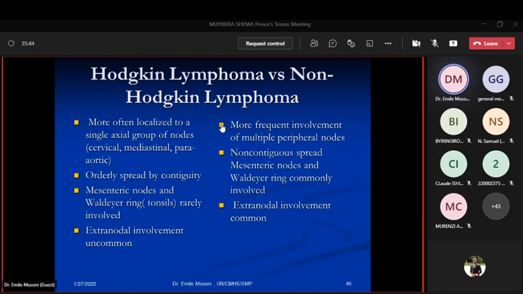Mesenteric nodes and Waldeyer's ring are rarely involved in Hodgkin lymphoma, whereas they are most commonly involved in non-Hodgkin lymphoma. Waldeyer's ring includes structures like the tonsils, which you have seen in your anatomy. Extranodal involvement is uncommon in Hodgkin lymphoma, whereas it is common in non-Hodgkin lymphoma, for example in the skin or GIT.